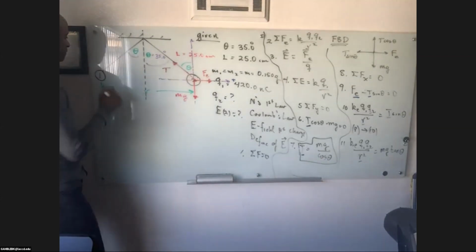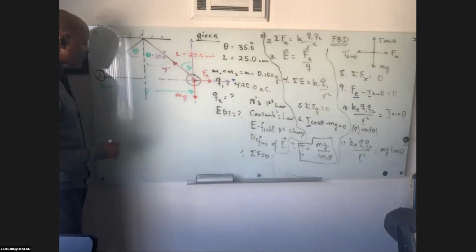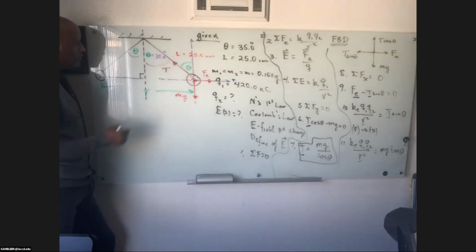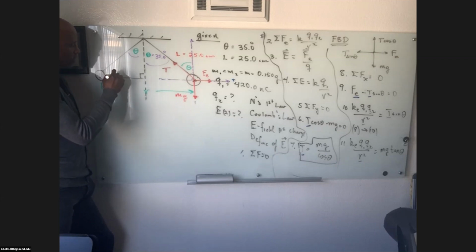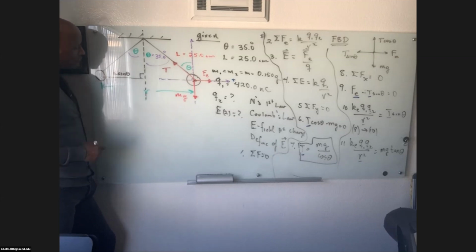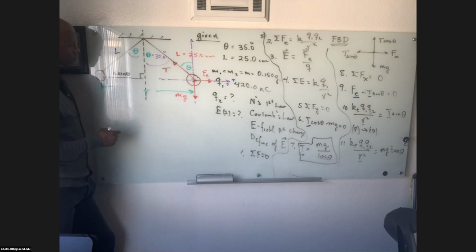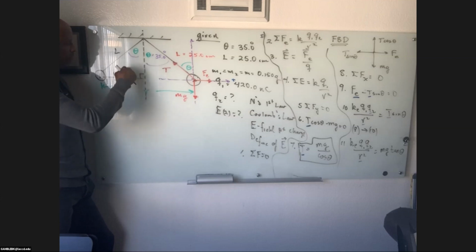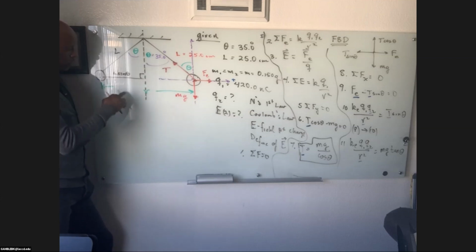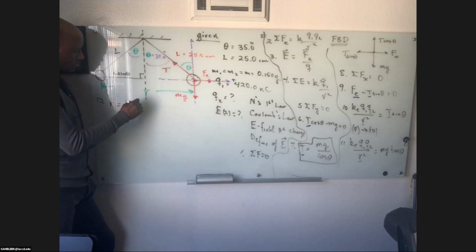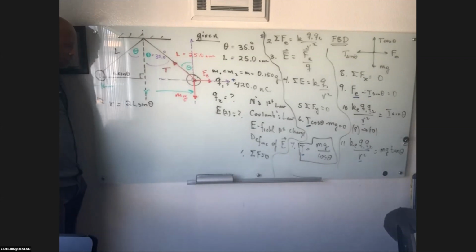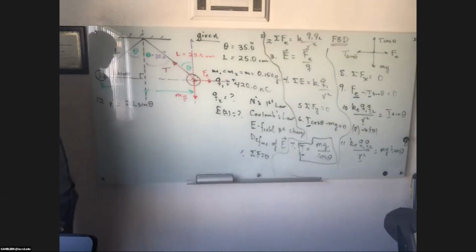From geometry, I've got a right triangle here. So if this distance is L, then this distance here is L sine theta. It's opposite from theta. So R is twice that distance, so R is equal to 2L sine theta. It's from geometry. So that handles R.